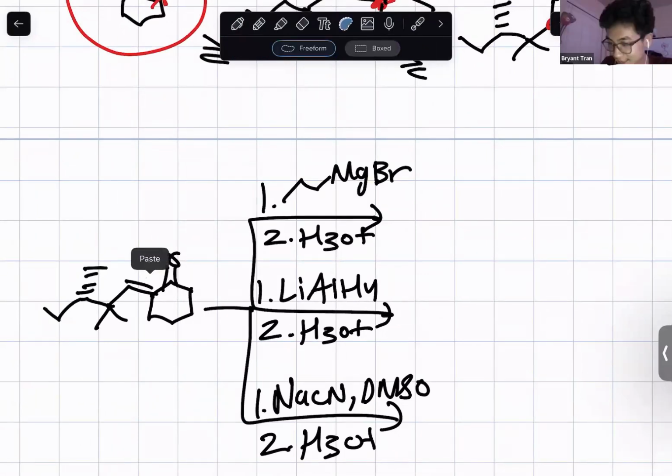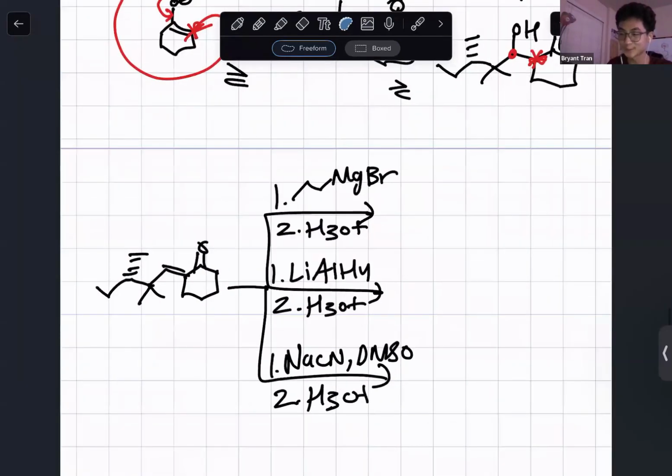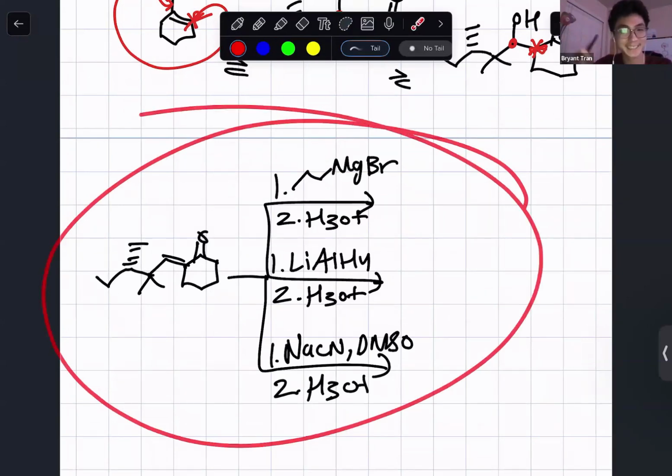So I'll give you guys a hint here. This has to do something with 1,2 addition and 1,4 addition, with the reversible nucleophile and irreversible nucleophiles.